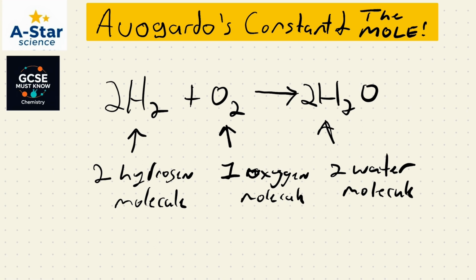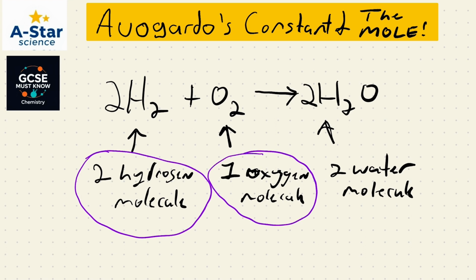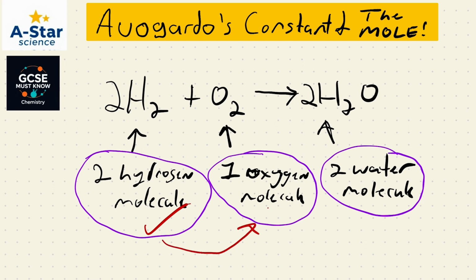Now remember, we said moles are short for molecules. So this is in effect telling us that we need 2 moles of hydrogen for every 1 mole of oxygen in order to produce 2 moles of water. So this is really important for doing quantitative chemistry, because if we know the moles of one, for example, if we know the moles of hydrogen, we could then determine the moles of oxygen needed, because it's a 2-to-1 ratio.